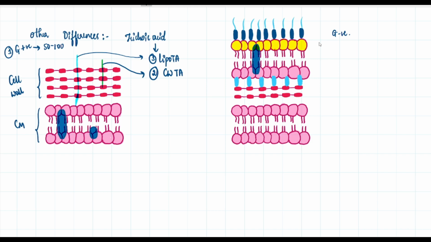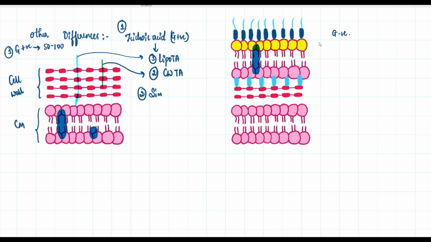Right? So the teichoic acid is attached to the cell wall. That's why it is called cell wall teichoic acid. This compound is absent in gram negative bacteria. It is only present in gram positive bacteria. This is the first difference. As compared to gram negative bacteria, the gram positive bacterial cell wall is simple.